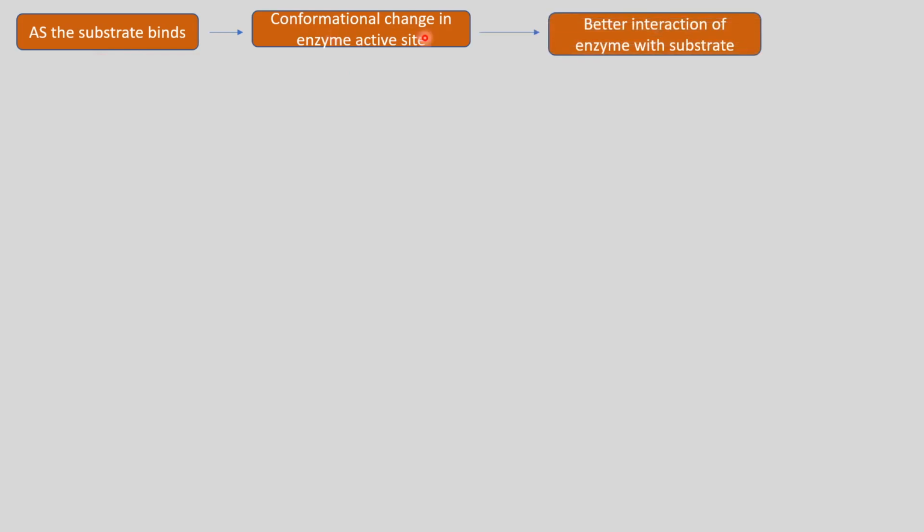Now what happens is that as the substrate binds, conformational changes take place in the enzyme active site. So the change that we are talking about in the active site of the enzyme takes place as the substrate binds. The substrate has to bind to the enzyme, and then that change in the active site will take place, and this change is for better interaction of the enzyme with the substrate.